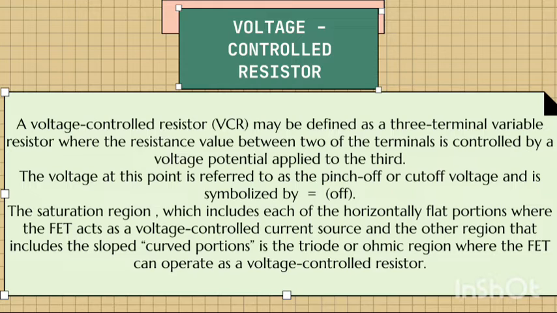The saturation region includes the horizontal portion where the FET acts as a voltage-controlled current source, and the other region that includes the sloped curve portion is the triode or ohmic region where the FET can operate as a voltage-controlled resistor.